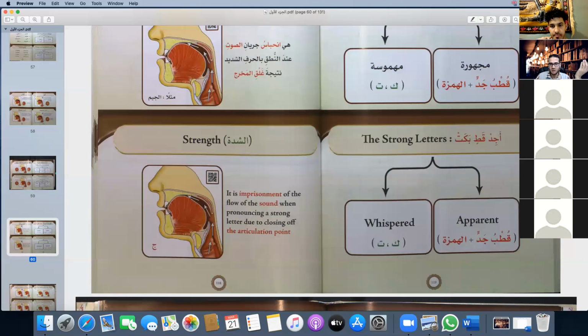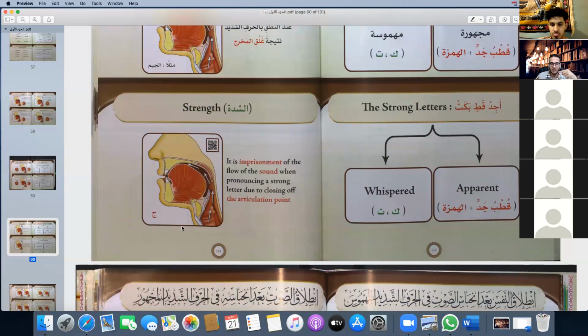When I say this letter is shadid, it means that this letter is strong. That is linguistically, whereas in our tajweed, the applied definition of shidda is the imprisonment of the flow of the sound when pronouncing a strong letter, due to the closing of the articulation point. So when I say a strong letter, I imprison the sound at some point in the articulation area.